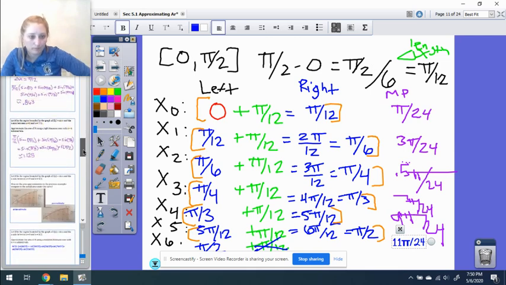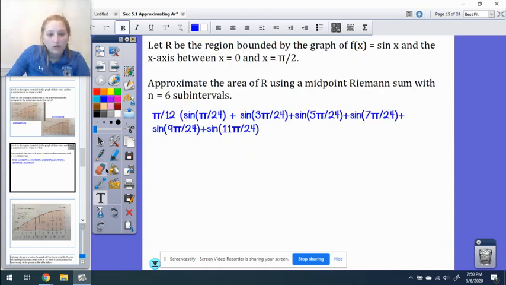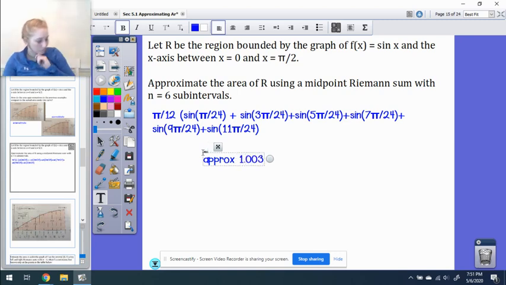Okay. All right, so I'm going to plug that into my calculator. And if I do that, I'm going to get approximately 1.003. Okay?